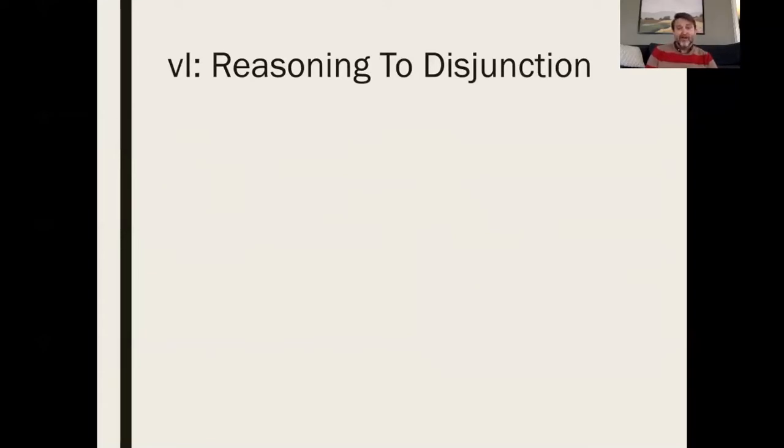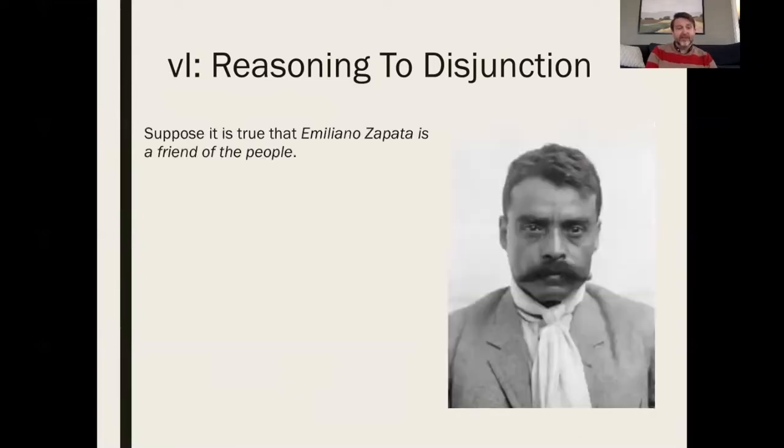Now, we might also reason to a disjunctive statement. I alluded to this in our last lesson on Unit 8, but let's look again at this. Suppose that it is true that Emiliano Zapata is a friend of the people. Suppose that is a true statement. Well, we know that for a disjunction to be true, it only has to be the case that one of its disjuncts is true.